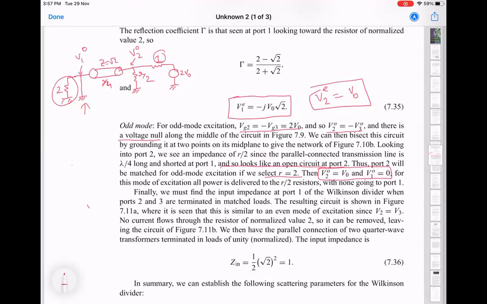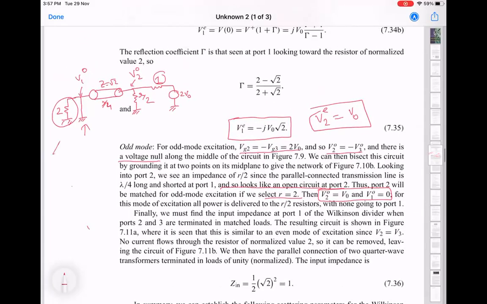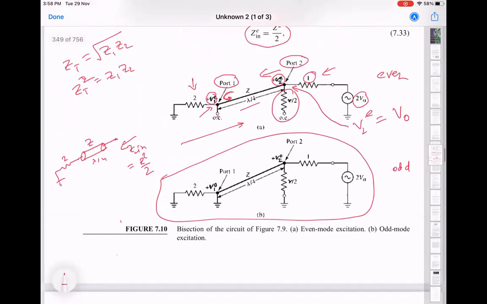Everything is dissipated inside. So then finally, we must find the input impedance of port 1, when port 2 and port 3 are terminated in matched loads, because we have to now ensure that port 1 is also matched, right? So far, the first step we did was to derive the matching condition at port 2 for the even mode and odd mode excitation.